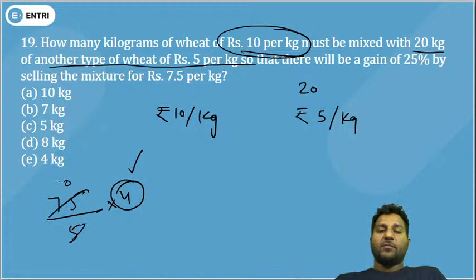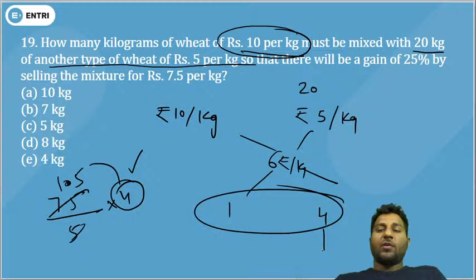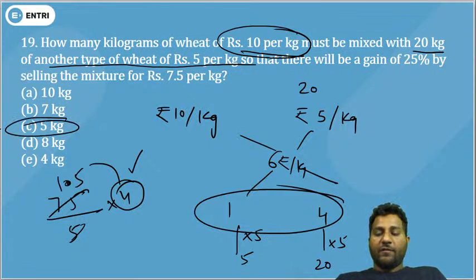So look at this, 1.5 must have been multiplied with 4, that means the final rate will become 6. So 1 ratio 4, that means 4 ratio belongs to 20 kg, so 1 ratio equals 5 kg, which means the answer will be 5 kg.